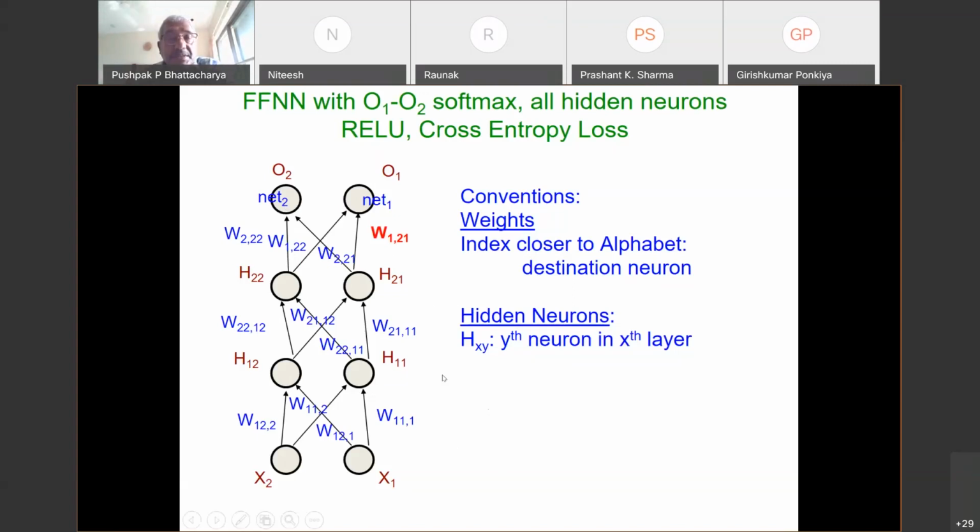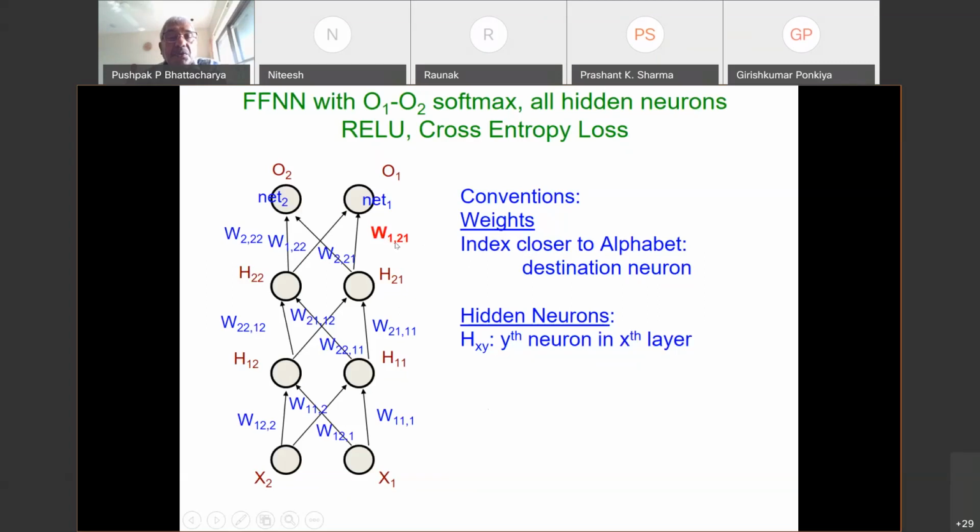So Pranjal Gupta says, can I explain the weight convention again? So the weight convention is as follows. It has a lower right-hand suffix, and that suffix has 2 components: the index for the destination neuron and the index for the source neuron. The index for the destination neuron is close to the alphabet; the index for the source neuron is away from the alphabet.